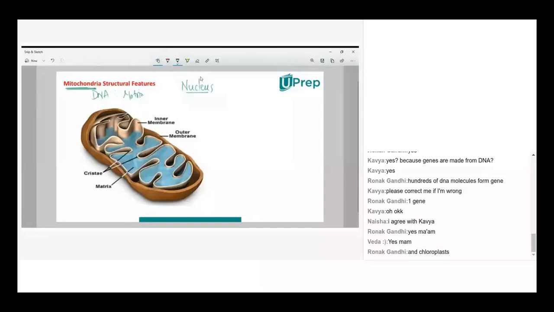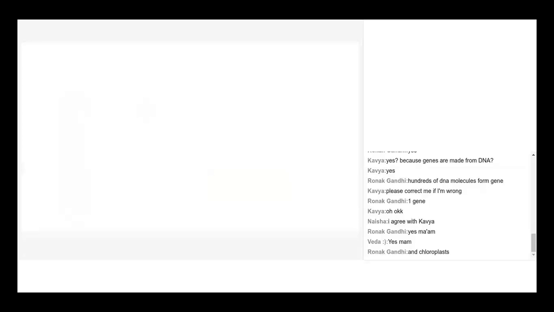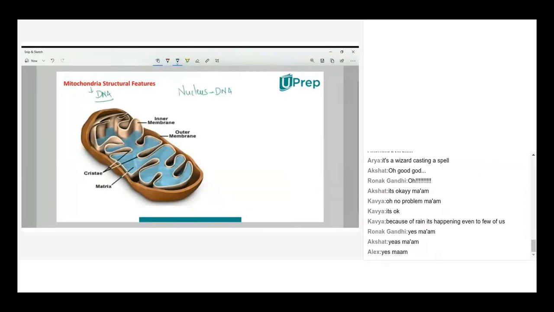Like this, you will have DNA molecules. Now, how is the nucleus DNA different from the mitochondria DNA? This is the next point. The nucleus is really involved in the reproduction process. So, by the reproduction process only this DNA gets transferred.